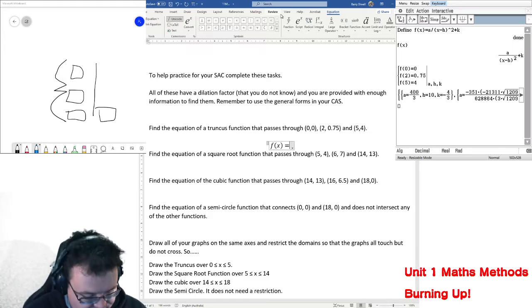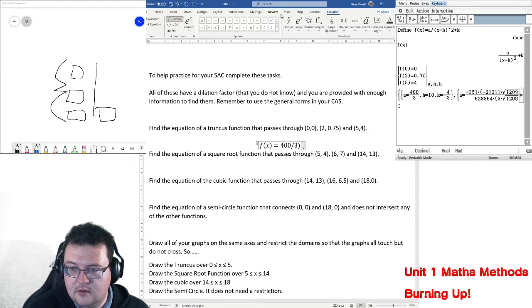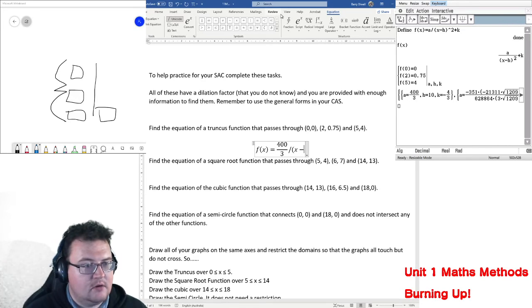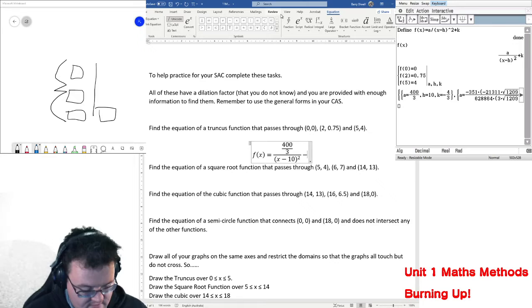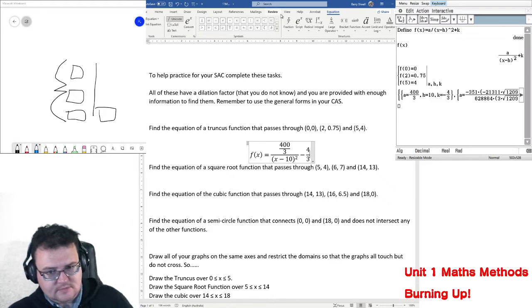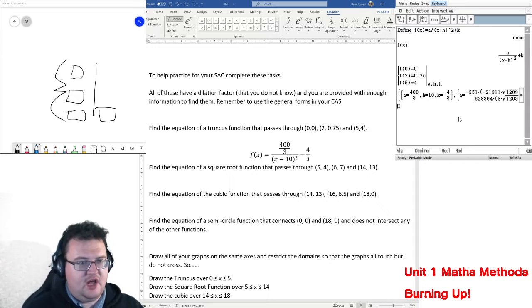We've decided that a is 400 over 3, divided by (x minus h, which is 10) squared minus 4 over 3. And for the purposes of what we're doing, I think that is pretty close to good enough.